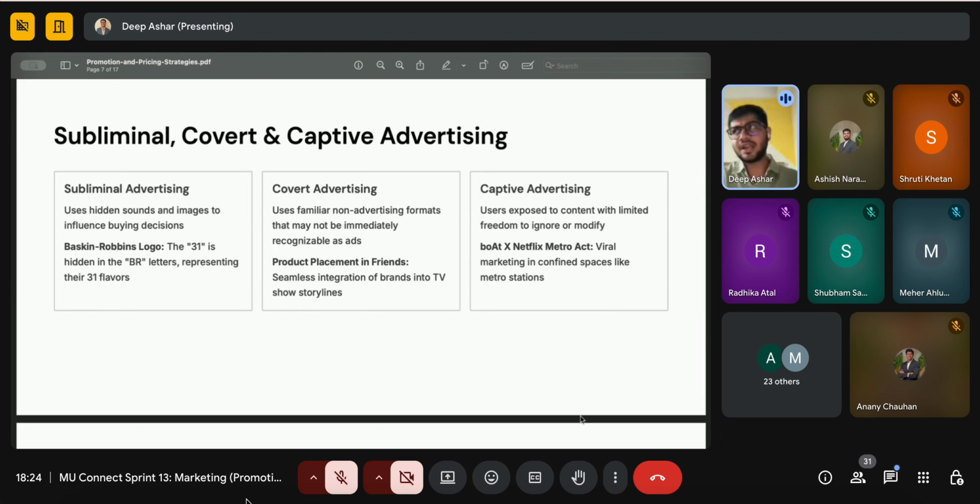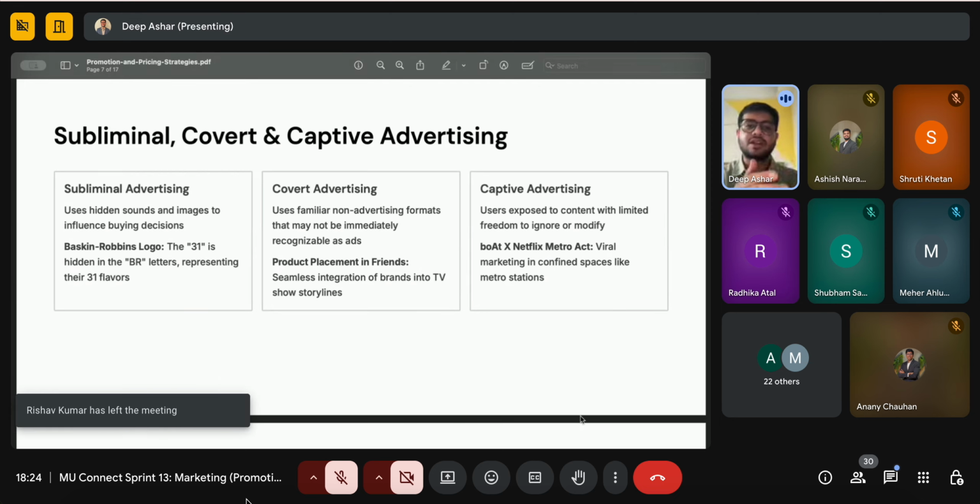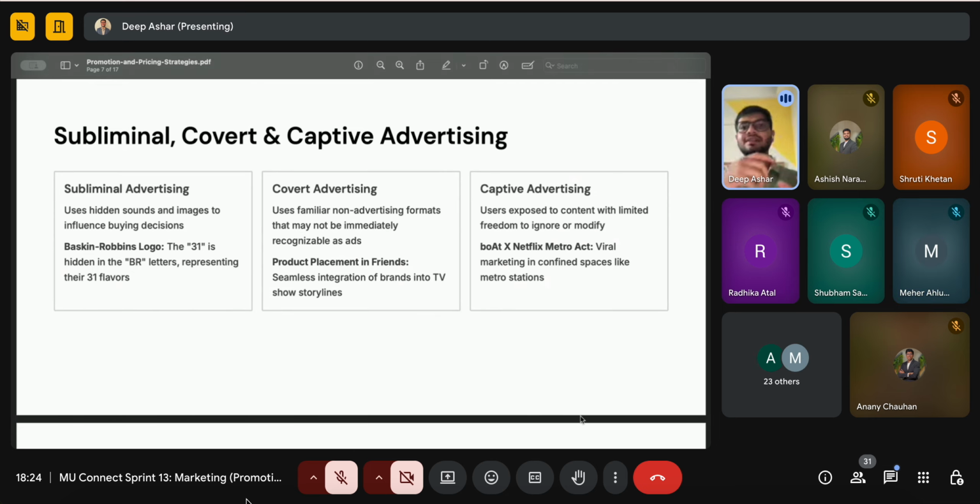For example, last year Coca-Cola did something with a bundle in Mumbai, where the entry to the bundle was in the shape of a Coca-Cola glass bottle. They took a photo of that and printed it across multiple places. It was on social media. Again, they're trying to use hidden imagery or a format or an outline to influence buying decisions. It just helps build brand recall.